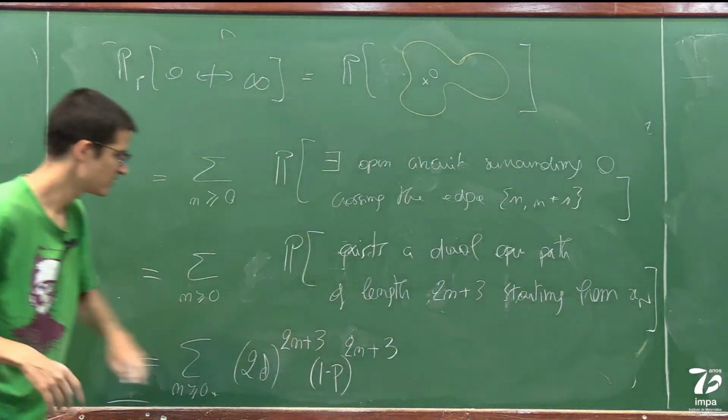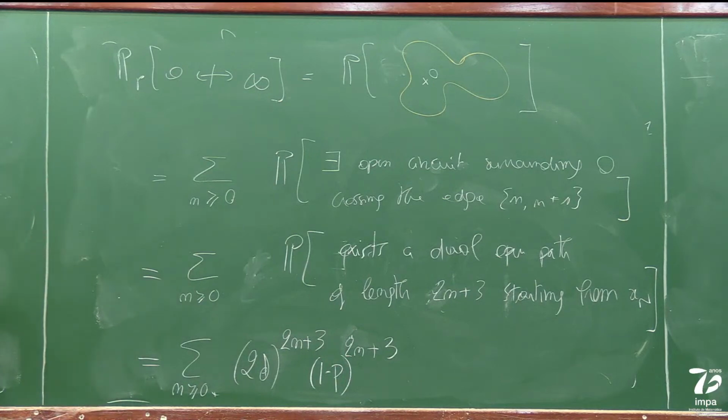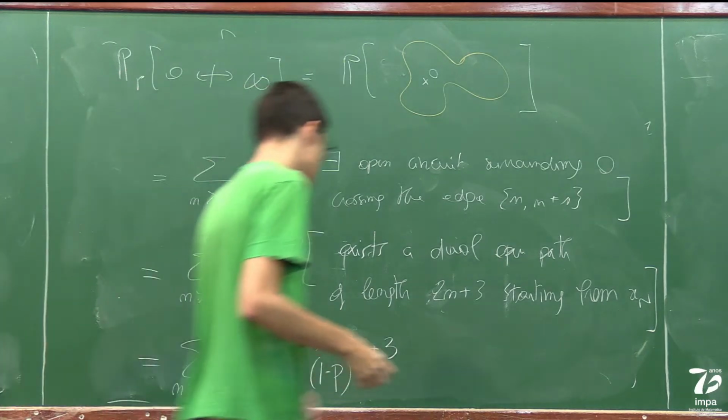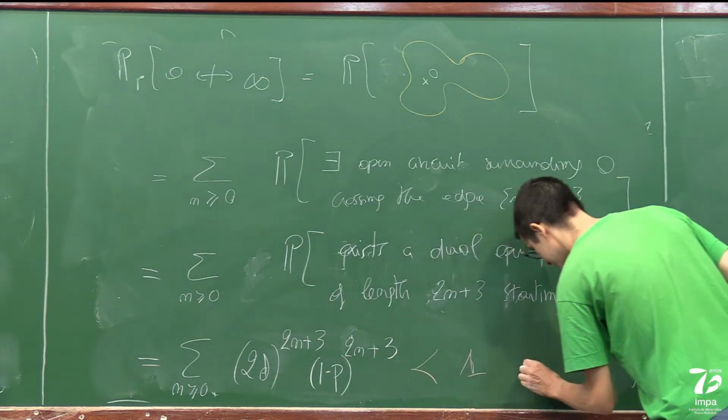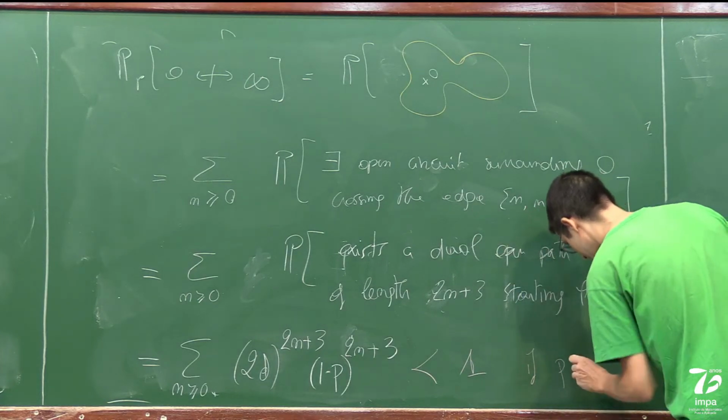So in the dual process, the probability of having an open edge is 1 minus p, because it's the probability of having the primal edge closed. And this is smaller than 1 if p is close to 1.